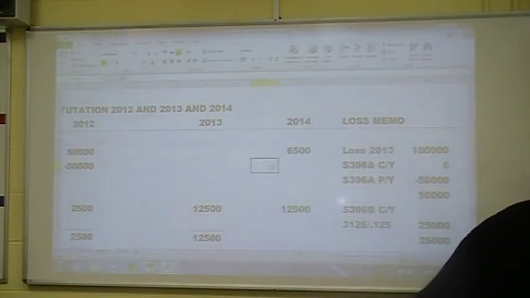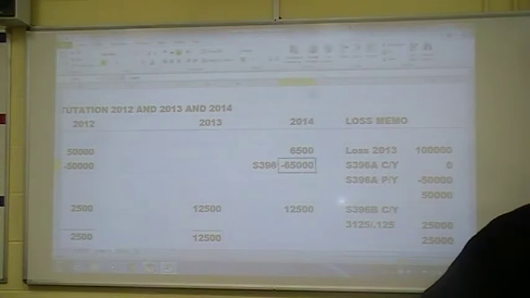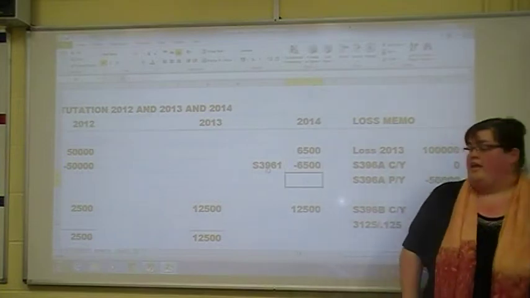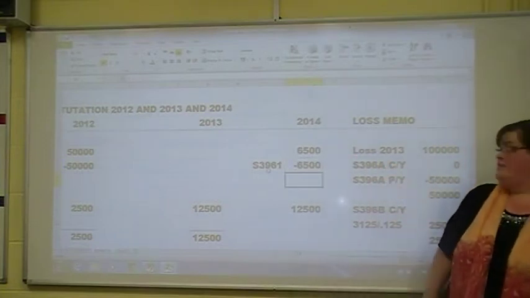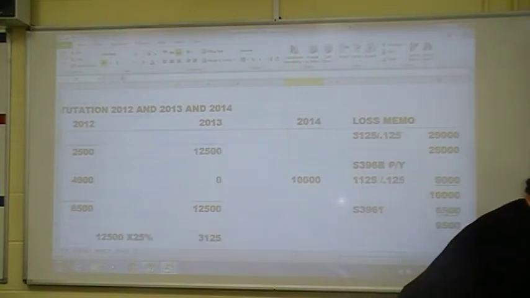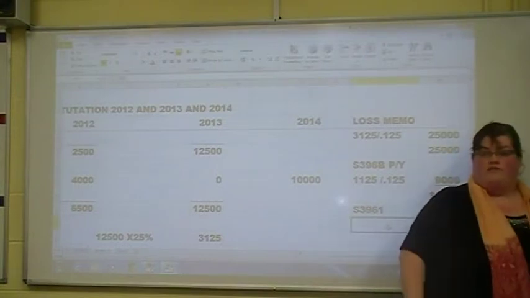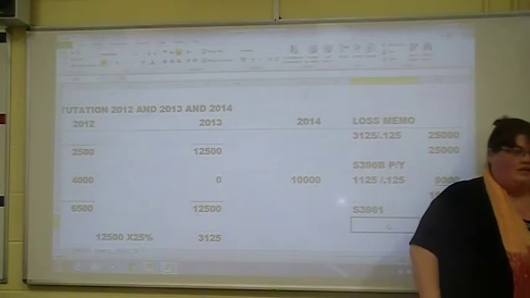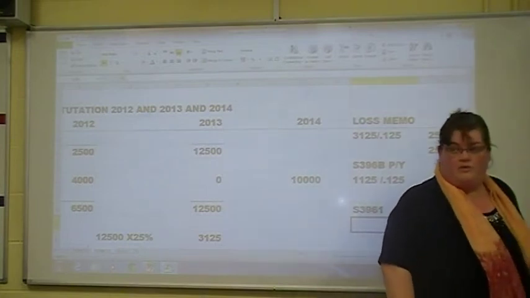Section 396(1) minus 6,500, which takes the full case 1 out of that. And the loss we've left in here, 9,500, is carried forward to future years. You can't write it off against your other income in that year. It has to be carried forward.